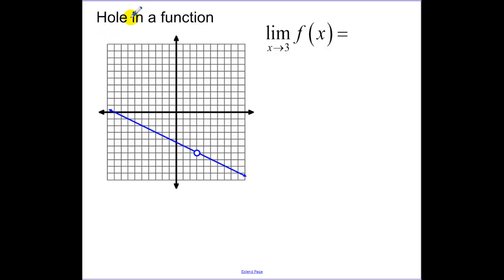We could, for example, have a hole in the function. So we have a linear function. Now our limit as x goes to 3 from numbers a little bit less of our function, so approaching from the left side, what y value am I going to? I'm going to 6.